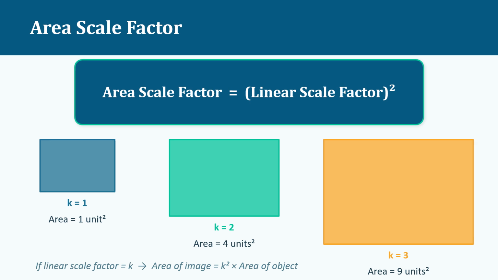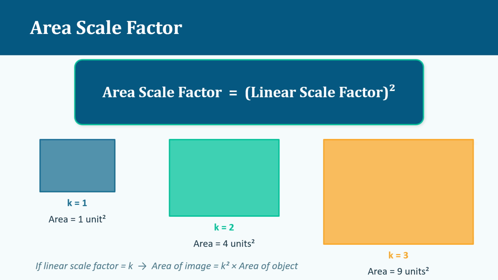Having that square, the new linear scale factor is going to be 3 divided by 1, which is 3. So to get the dimensions of the new square, you multiply the original square, 1 by 1, by the scale factor of 3. Now, the new area for this square is 3 by 3, which is 9 units square.